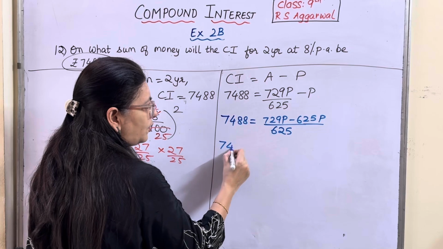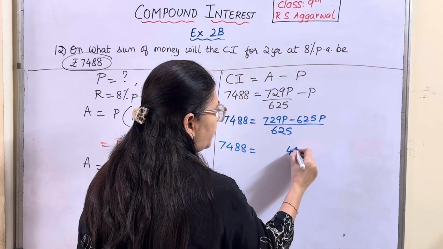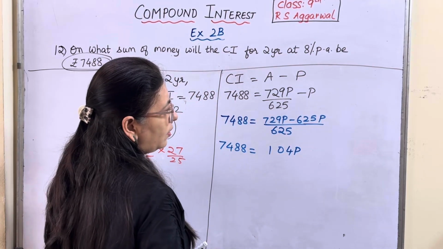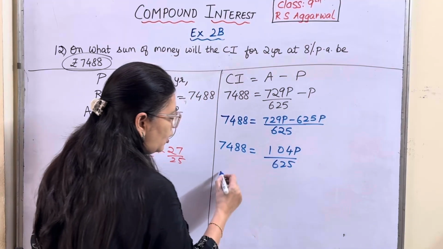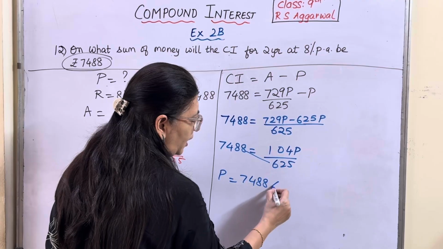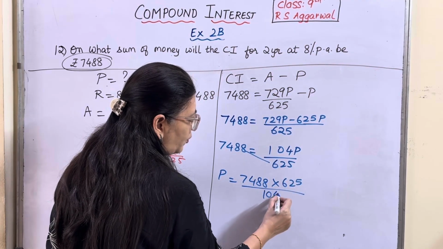So 7,488 is equal to, if you subtract it, 104p upon 625. So P is 7,488 cross multiply into 625 divide by 104.